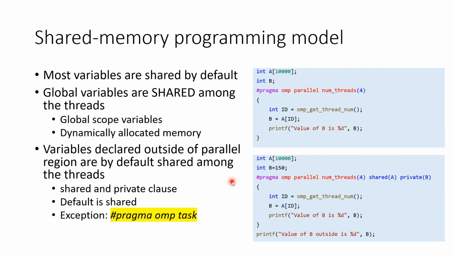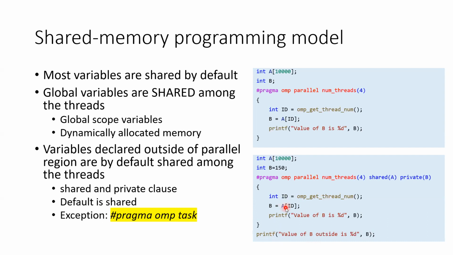No, nothing is part of B. Let me first explain. Whenever you have defined something like B equal to 150, and you specify private as B, OpenMP internally treats this variable as private and creates a new copy of B. You can say int B1, which reads it, writes the value of this current copy of B for that thread, and then finishes the task. That's why I kept one more printf after this.